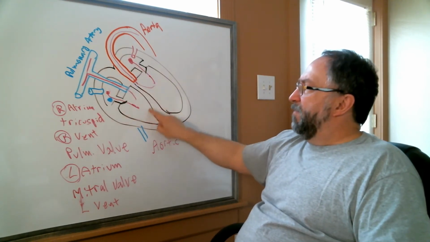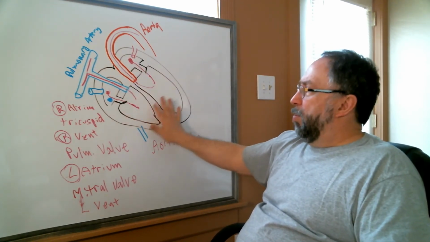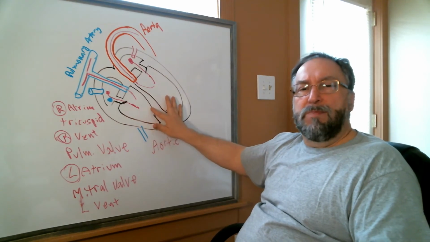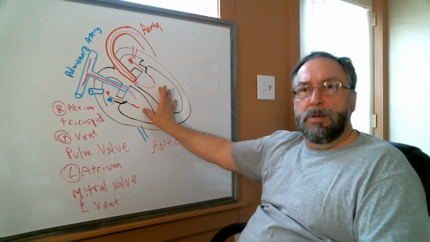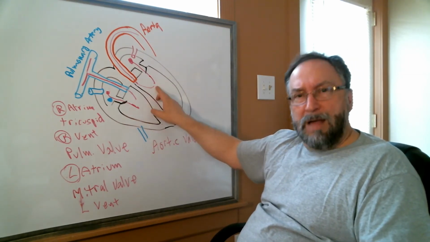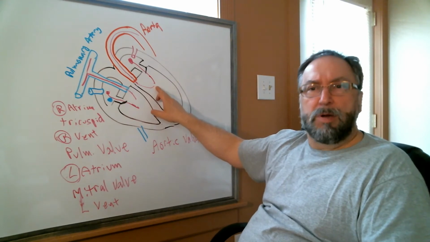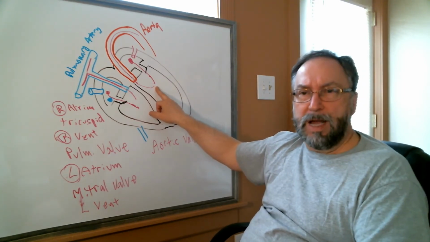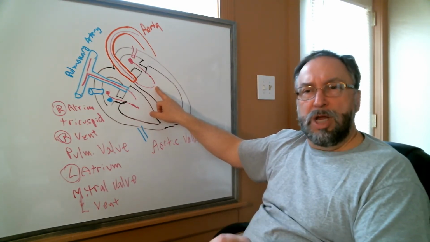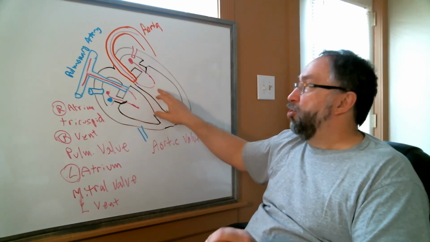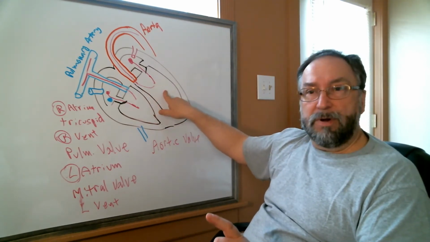Which one of these ventricles, the left or the right, is going to be a higher pressure? Which one's got to pump harder? Obviously, the left ventricle has to pump harder because it has to pump out to the entire body. So the highest pressured chamber should be the left ventricle, right?